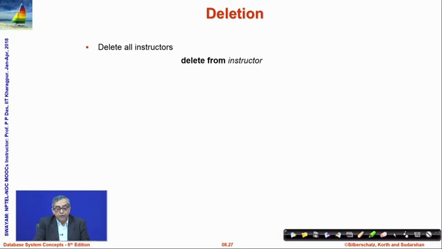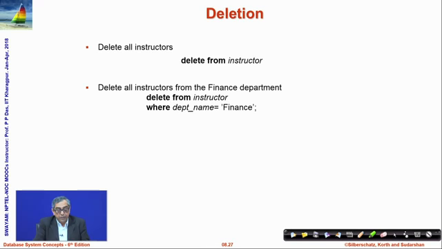Now, deleting all instructors is easy: delete from instructor, all records are erased and this becomes an empty table. But suppose we want to delete all instructors from the finance department. Like we do in select from where, we again use the where clause as a predicate and say delete from instructor, but you do the deletion provided this condition is satisfied, that is, department name is the same as finance.